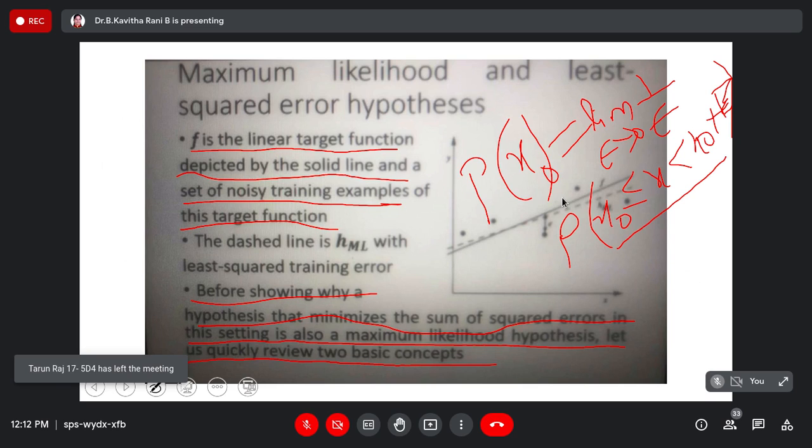So అది మనకి ఎట్లా వస్తుంది, probability density వస్తుంది. అంటే ఏ hypothesis ఎంత density లో ఉంది. Okay, so our goal is to minimize the error rate. When we minimize the error rate, then we will get the maximum likelihood hypothesis. So this can be done by using least squared error. Okay, so this is nothing but the maximum likelihood and least squared error hypothesis.